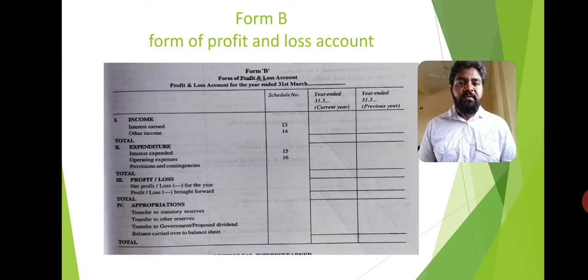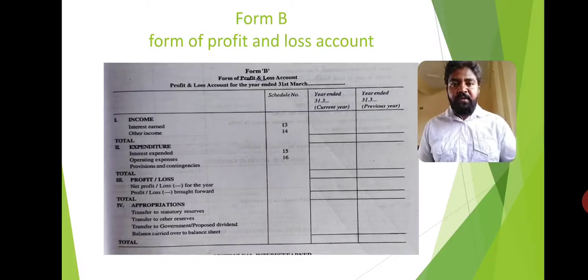Then we go to profit and loss: net profit or loss for the year, and profit or loss brought forward. If there is any profit or loss from last year, we need to bring it forward here. And in the current year, while preparing the profit and loss account, we may get a profit or loss, and that should also be considered under the head of profit and loss.